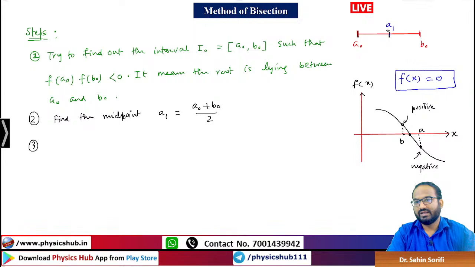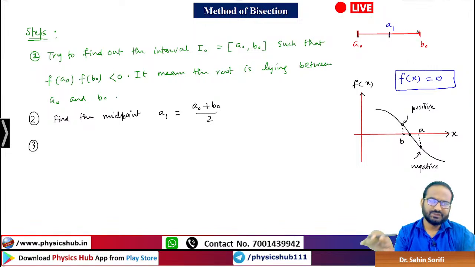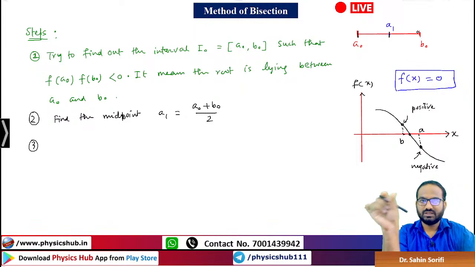Now the root can lie on the left hand side or the right hand side. How will you decide? You will check the value of the function at these points. If the product f(A0) f(A1) is negative, then the root will lie towards the left. If the product f(A1) f(B0) is negative, then the root should lie towards the right. And as you keep on doing this, you will get closer and closer to the root.